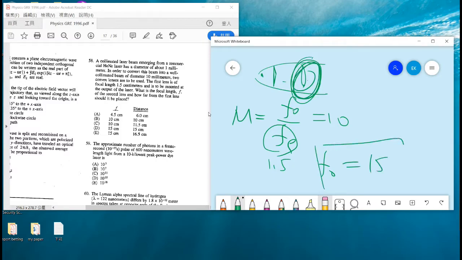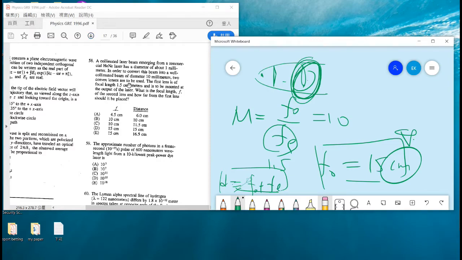So this is 15 centimeters. Okay, so you choose 15. You see you have D and E, and then your total distance is usually the object plus the image. This is the usual telescope.